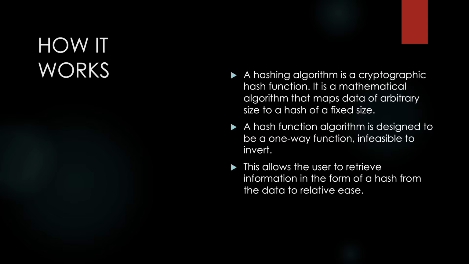Basically, no matter what you give it, it will always bring back the same result. And this allows the retriever to use information in the form of a hash from the data with relative ease. So you're able to find information relatively easily when it comes to your users or even your recipients.